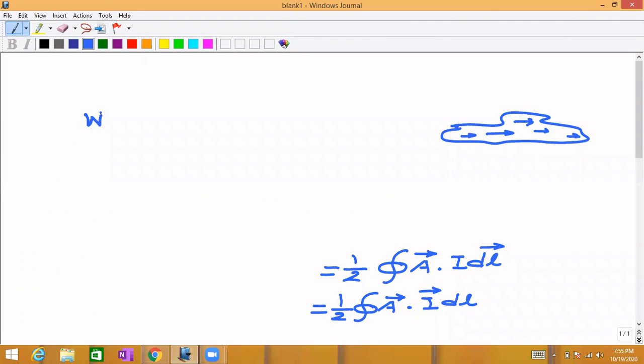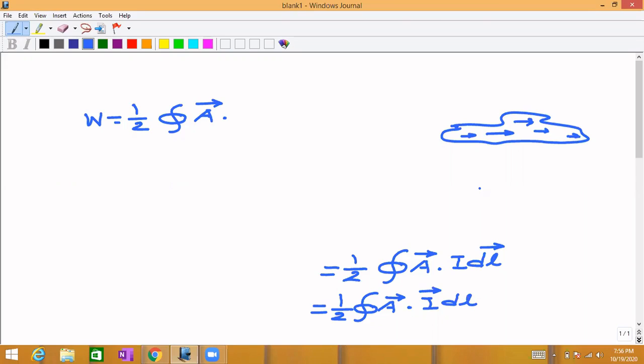W is equal to half into closed integration A vector dot, you see, for a line current, that means for a current flowing through a thin wire, we are writing dl.